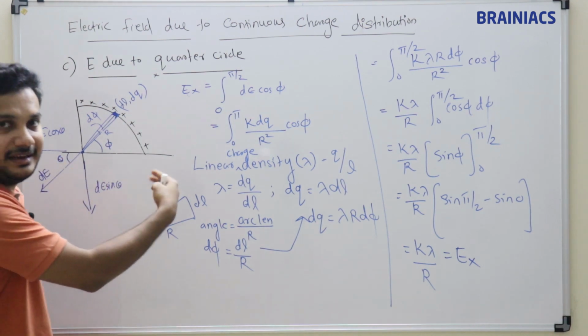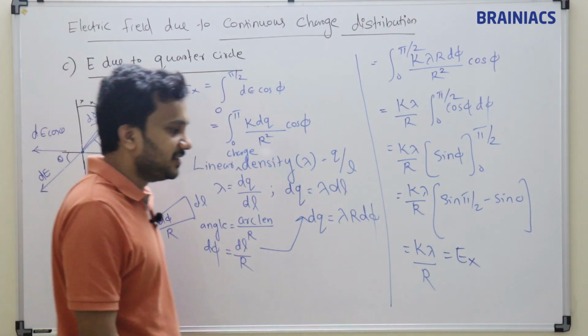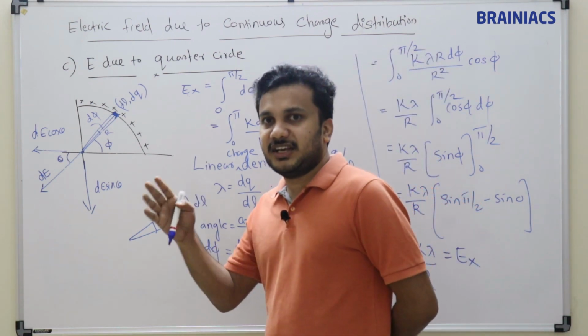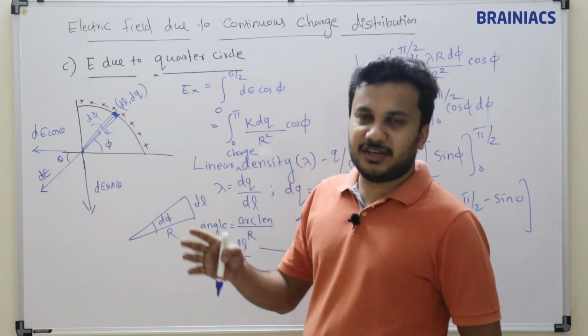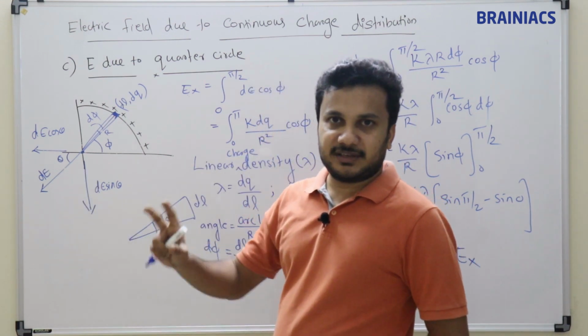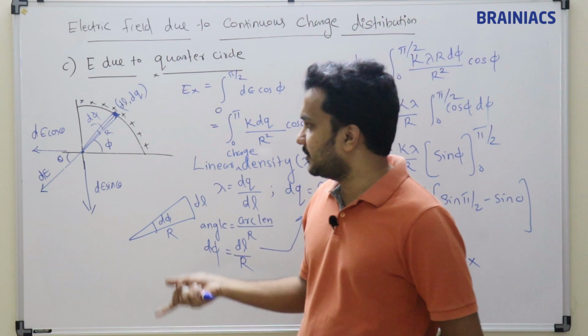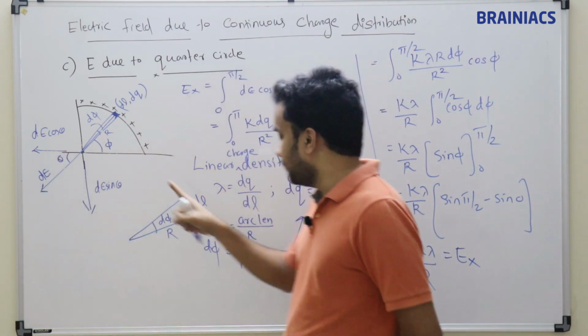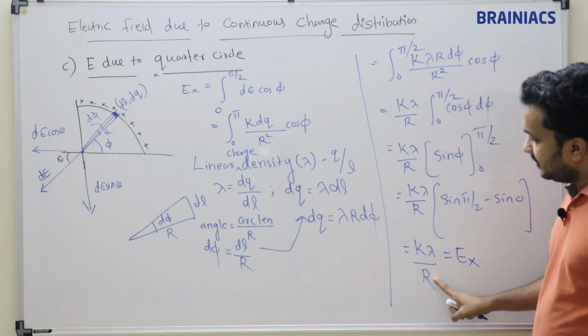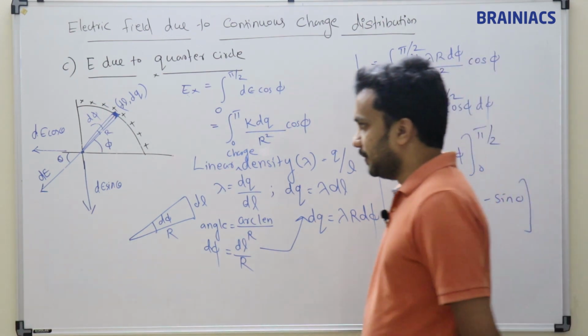What x-axis? Negative x-axis. Negative x-axis means minus i component. Okay, i, j, k you are learning: i is x, j is y axis, k is z axis. So positive i means positive x, negative i means negative x. So this is in negative x direction. So in this equation, Ex equals k lambda by r, in the negative x direction.